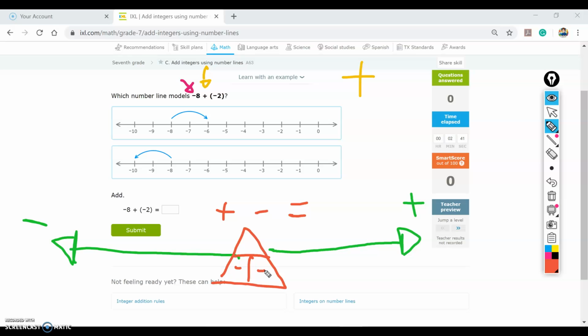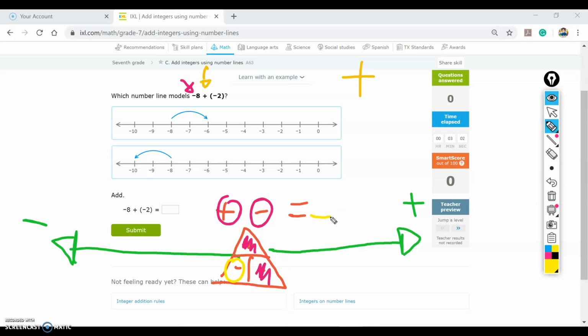To know what plus and negative give when you put them together, all you need to do is cross out. You have a positive, so I cross out the positive. You have a negative, so I cross out the negative. The one you have left is your answer, which is a negative. So a positive and a negative gives you a negative.